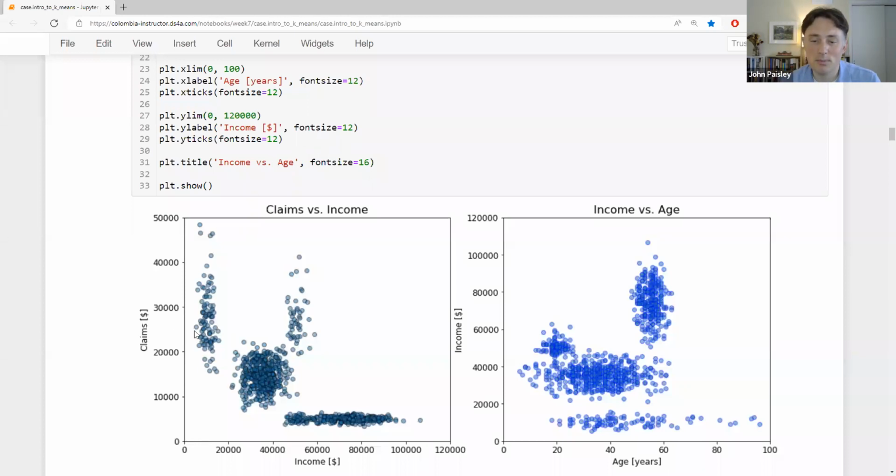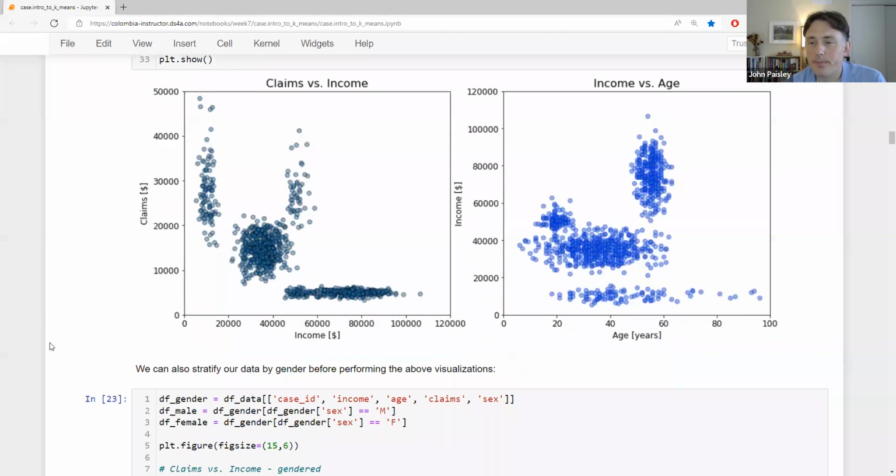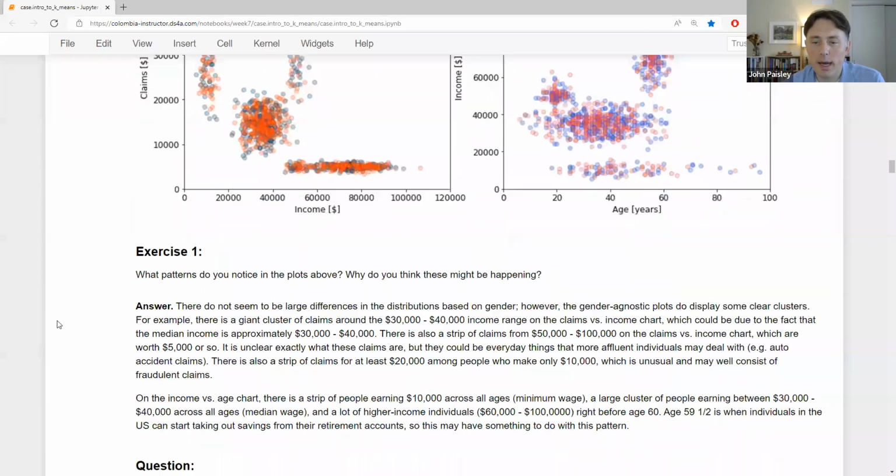That's possible, but then there was a bad accident or something. But there is this pattern to notice, and also there's this pattern here, which mimics this pattern, except it's more in the 50,000 range. So who knows what's going on there. So those are some of the patterns that we see.